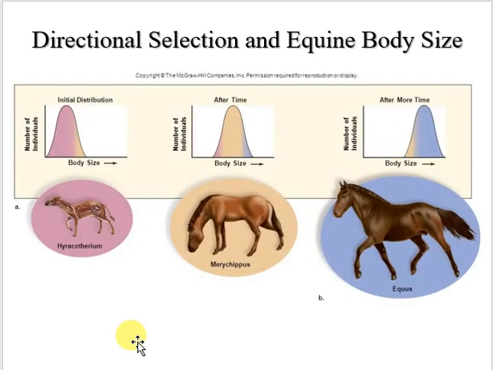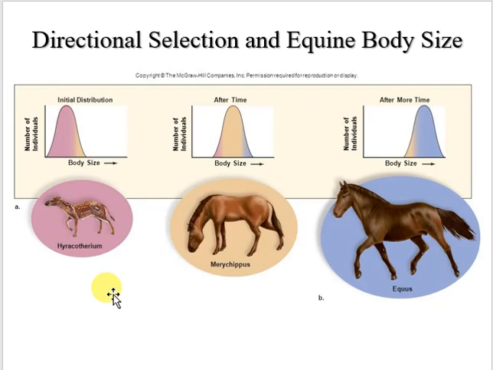An example of this is body size in horses. So ancestrally, the ancestor for modern horses is Heterozygote. This was a very, very small species.